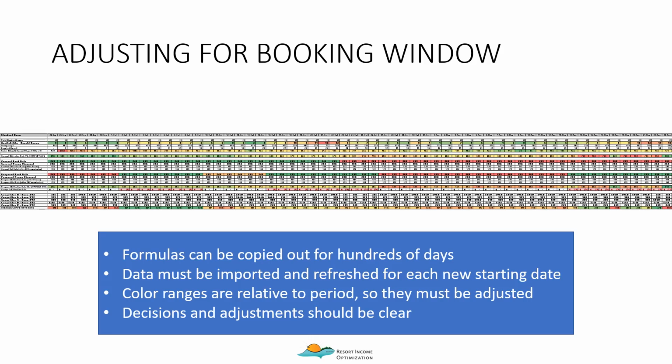Now here's an even smaller view, and obviously I do not intend for you to be able to read this, but I did want to show you a couple of other types of adjustments. So every property has a different booking window, right? Some properties that are maybe very urban or cater to business travelers may have a booking window that is a little shorter, like maybe 2 or 3 weeks is their average booking window, maybe even shorter, right?